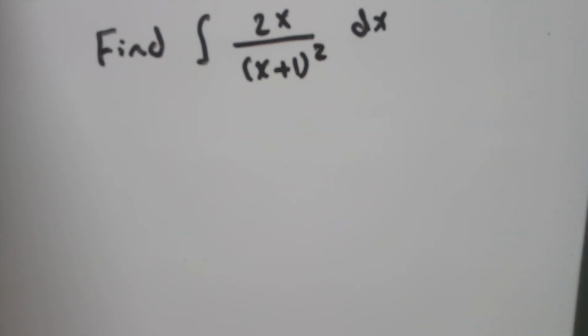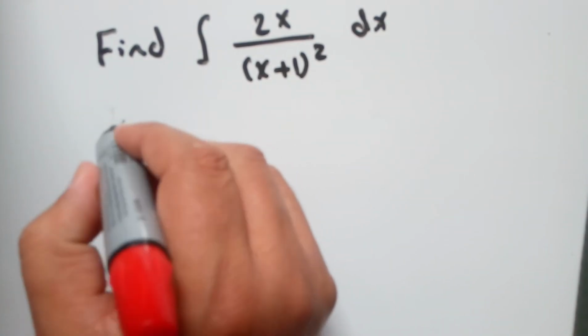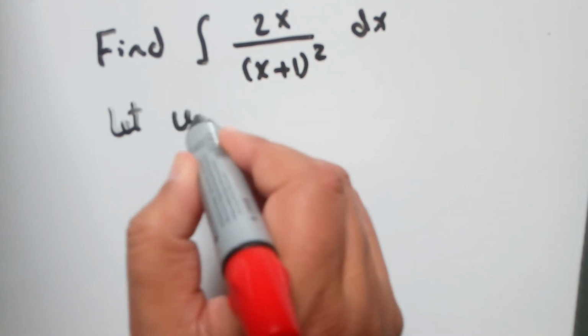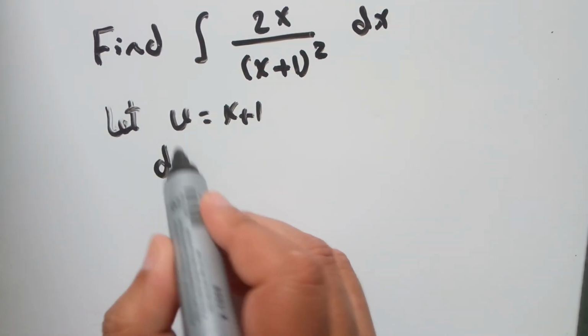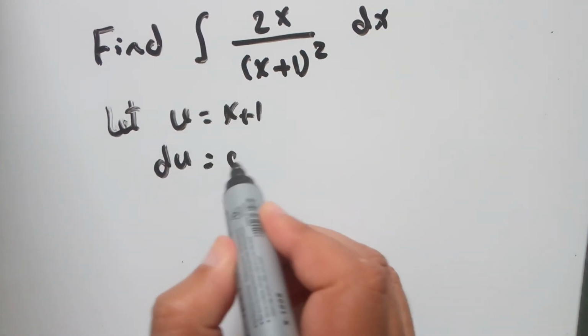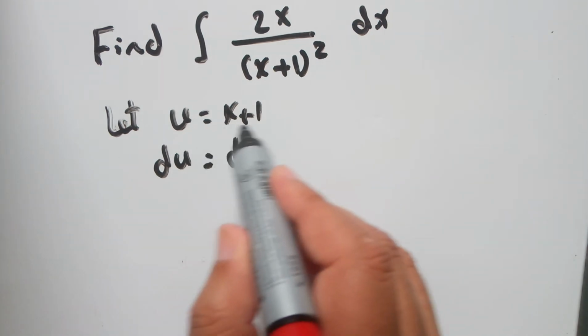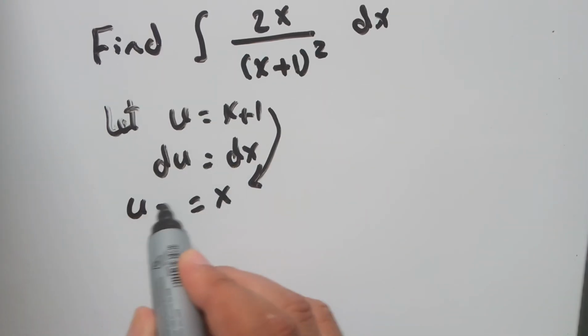Here you can substitute for x plus 1 using u. Let u equal x plus 1. This means the derivative of u is du/dx equal to 1, or du is equal to dx. And here x is equal to u minus 1.